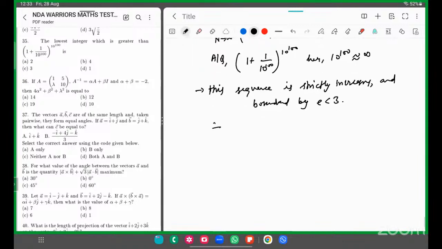So we can say the lowest integer strictly greater than this value is true.